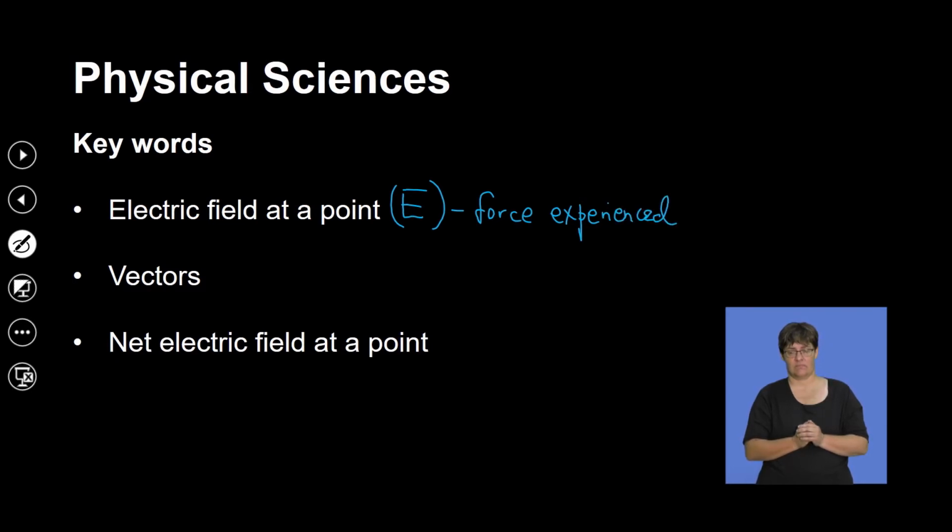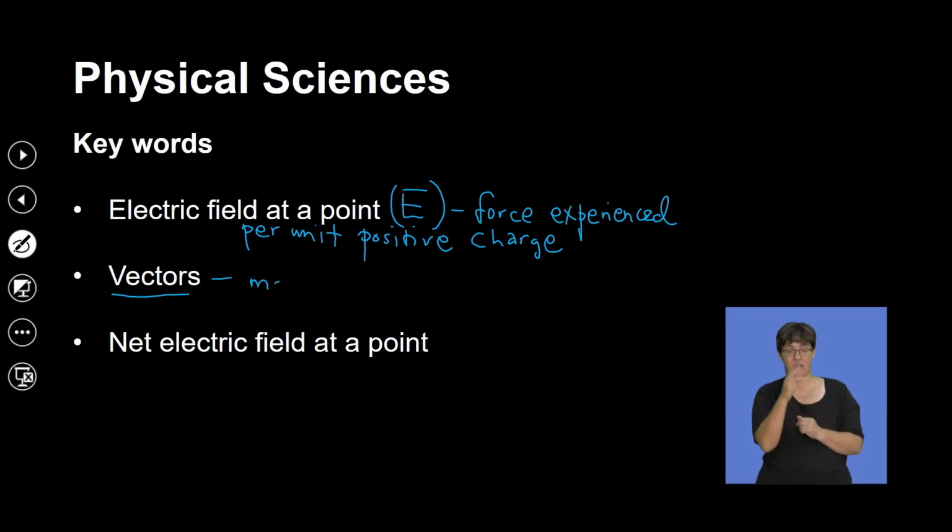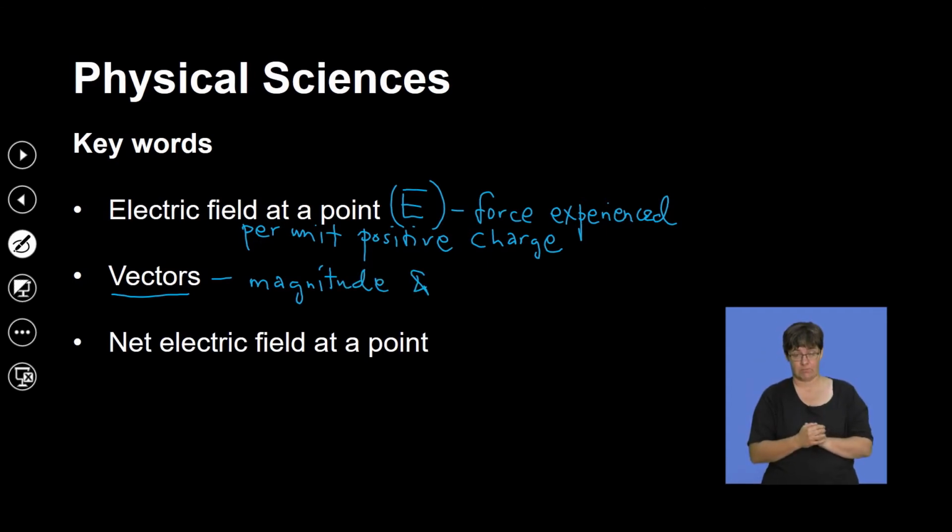Remember, when you talk about a unit positive charge, you are talking about +1 Coulomb. So this is the force experienced per unit positive charge, which is a vector quantity. The emphasis is on magnitude as well as direction. So this is one of the vector quantities.